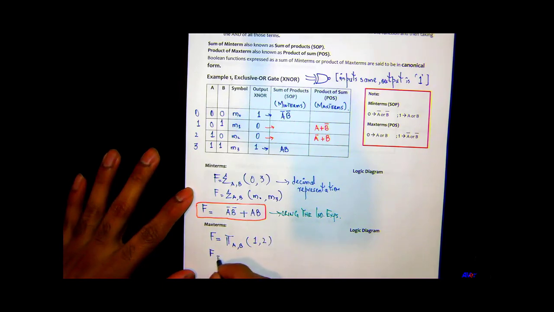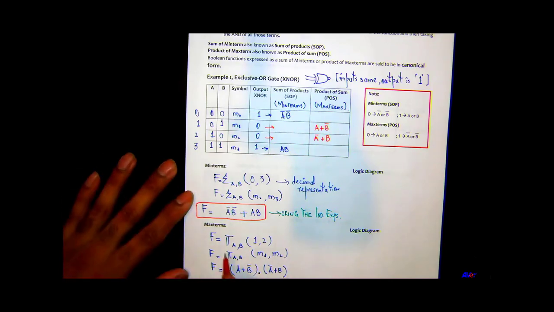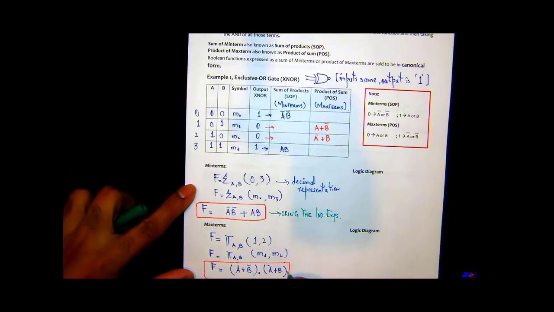You can also write it down as M1, M2, and then finally you take these terms right here, which is A plus B bar, and then you AND them together with A bar plus B. Okay, so this is your POS expression for the exclusive NOR gate, ANDing the individual expressions here.